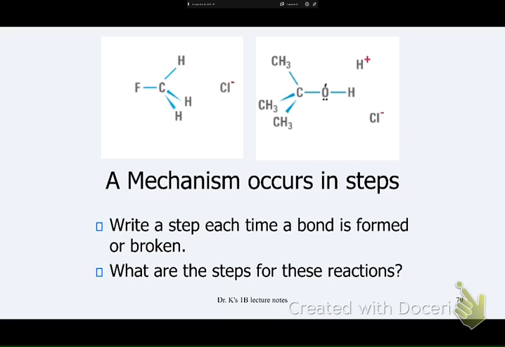Some people will write this as HCl, but you can leave it as H plus and Cl minus. And then we're going to end up with this. And so that's my overall process. Okay, overall reaction.